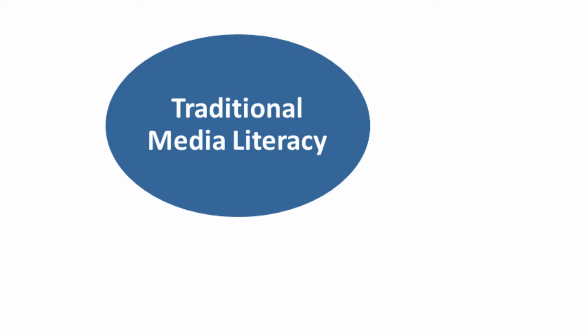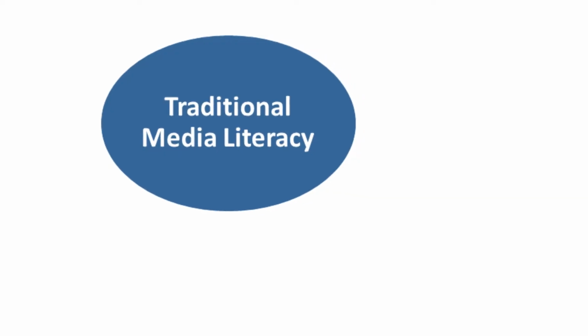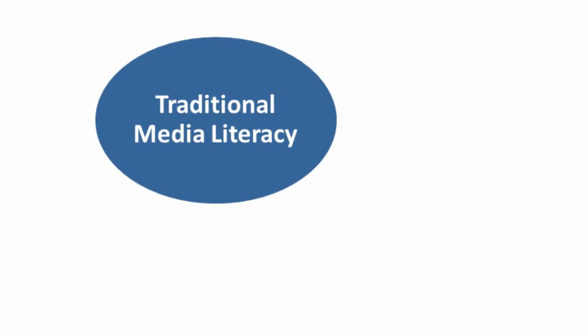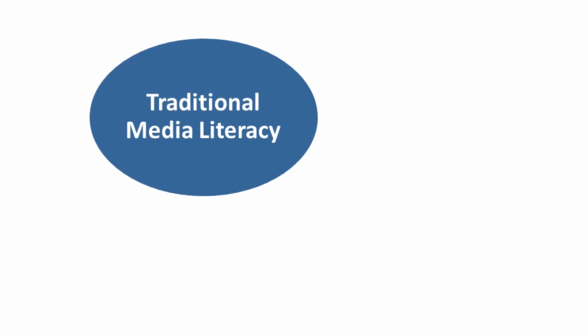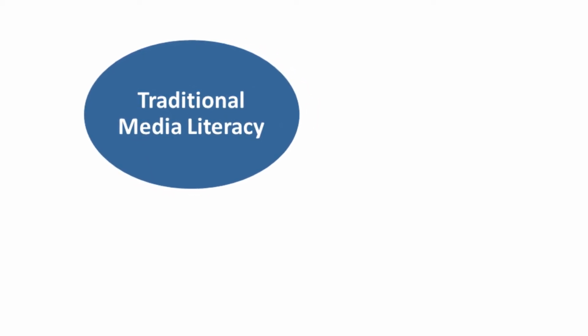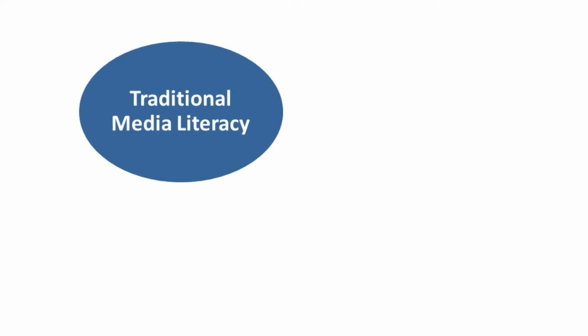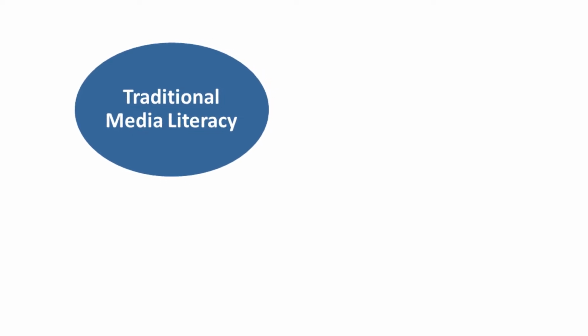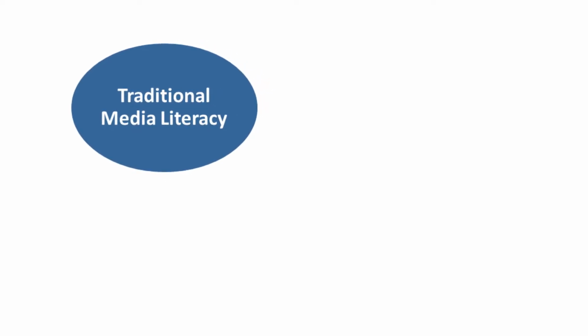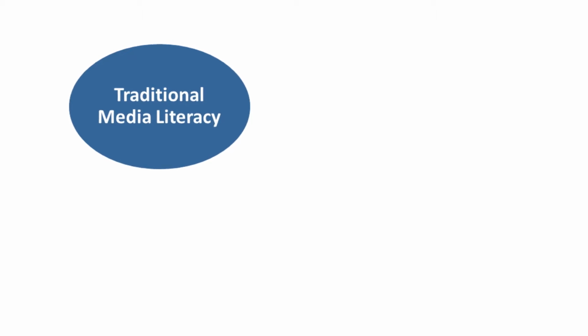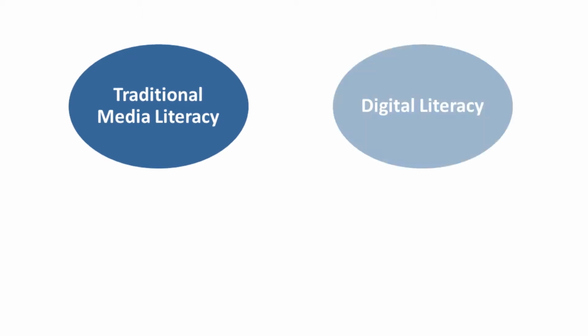Media and information literacy are not new concepts in themselves. You probably learned about topics like critical thinking or information accessibility in school yourselves, in the context of traditional media such as newspapers or television. But nowadays, adults and children alike spend a lot of time using digital media every day.